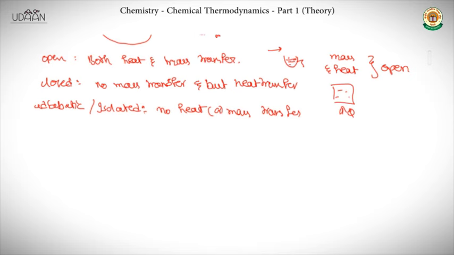Now let us see some basic properties of the systems, or some variables. There are two properties. One is extensive property and the second one is intensive property.